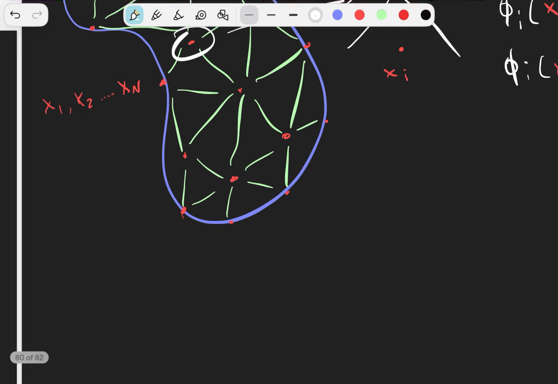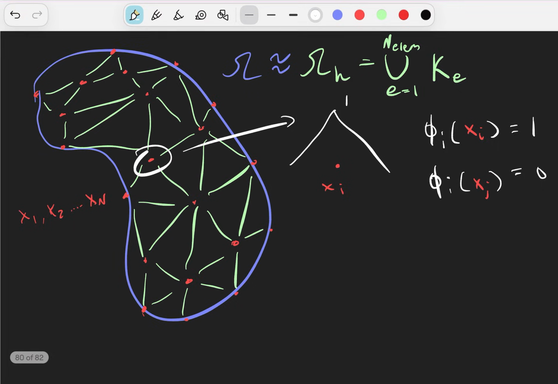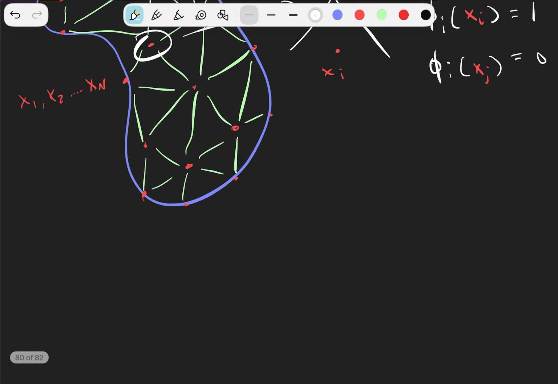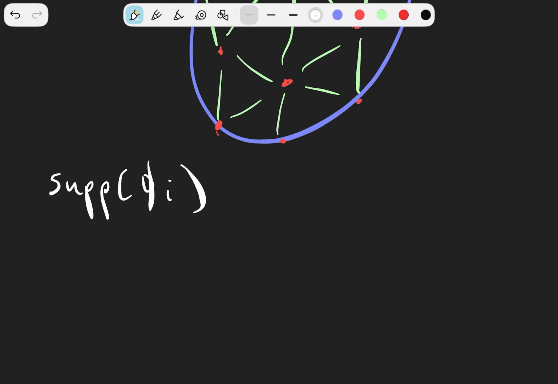So there's something called, in topology, overlapping support. The compact support is given, we can denote this by supp of the compact support of this basis function.